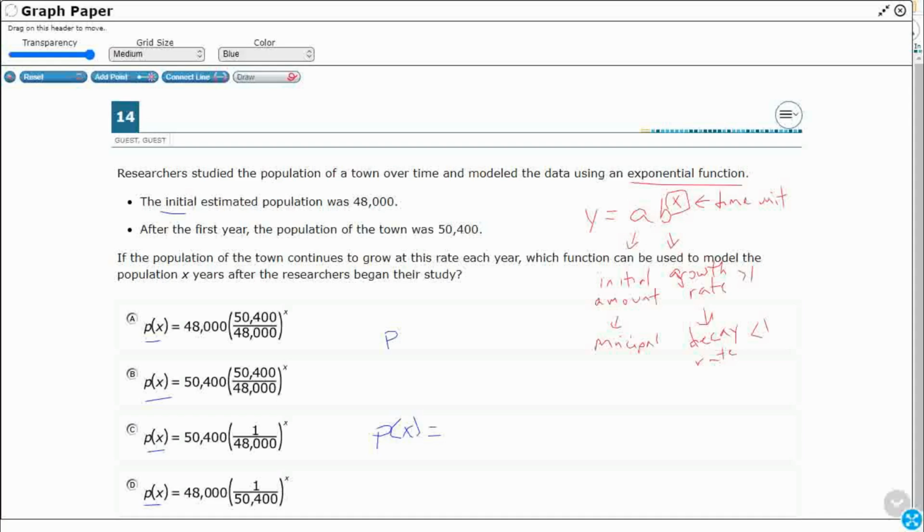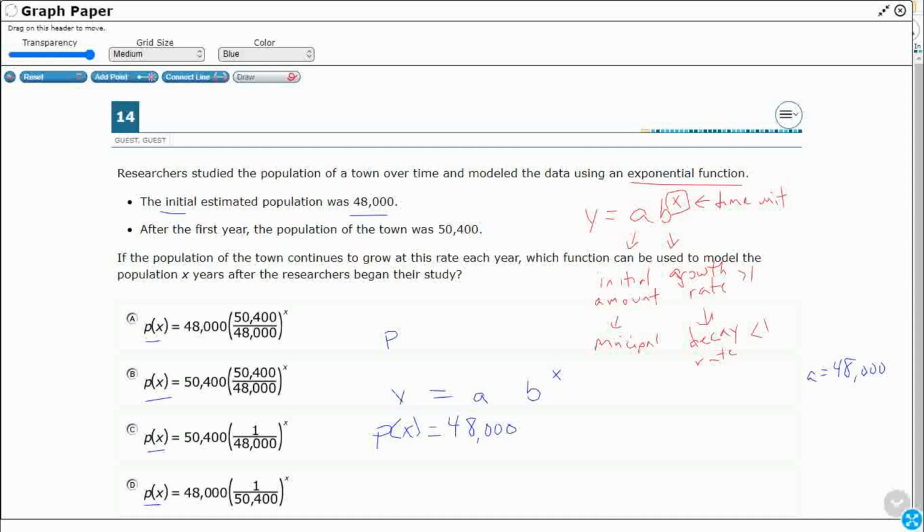Look at that. The initial estimated population was 4,800. So I'm going to call that out right here: a equals 4,800. Even though it's a very large number, that's fine. That's going to sit in that a position, y equals a times b to the x.